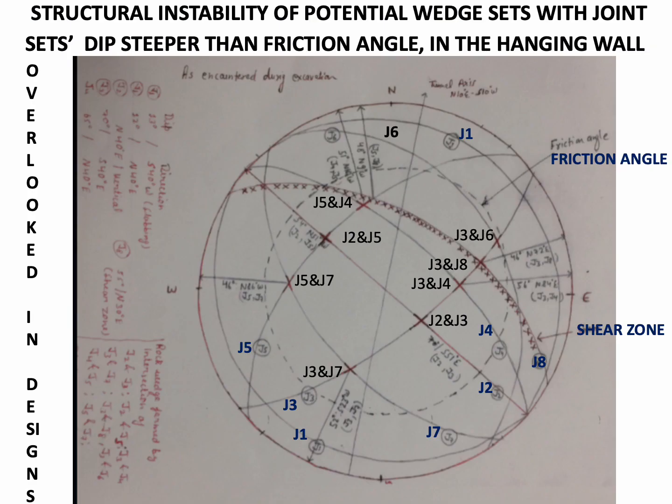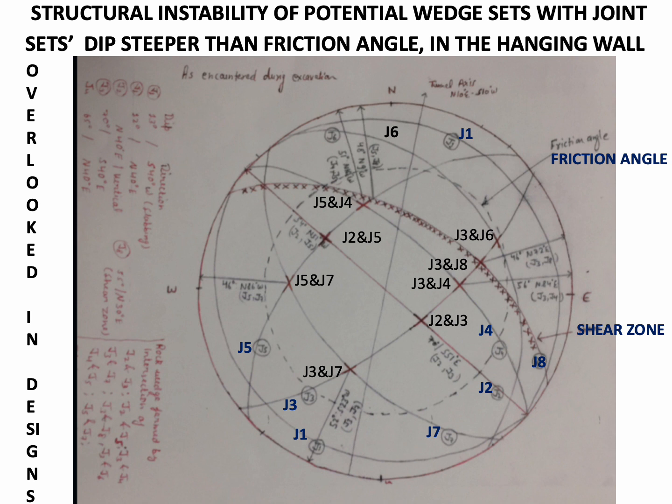The criticality of these numerous joint sets and the major shear zone together, resulting in formation of potentially unstable wedges due to their dip, which was steeper than the angle of internal friction of the rock mass, is depicted in the stereonet shown here.